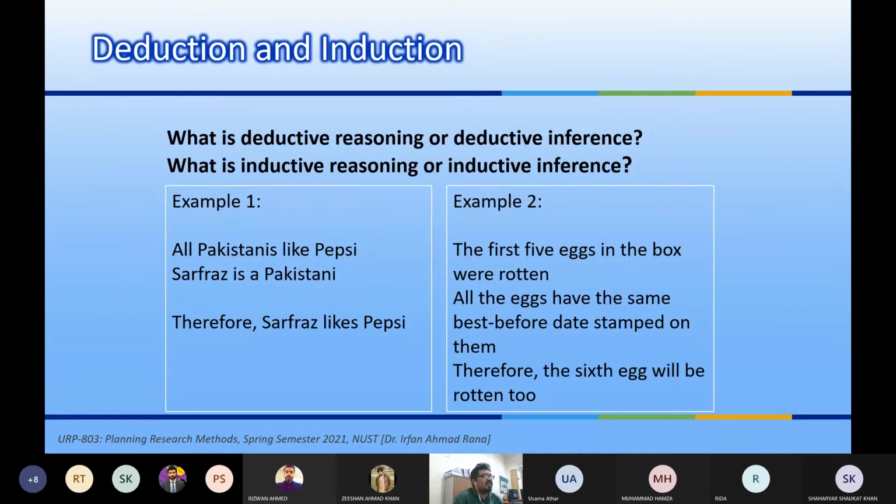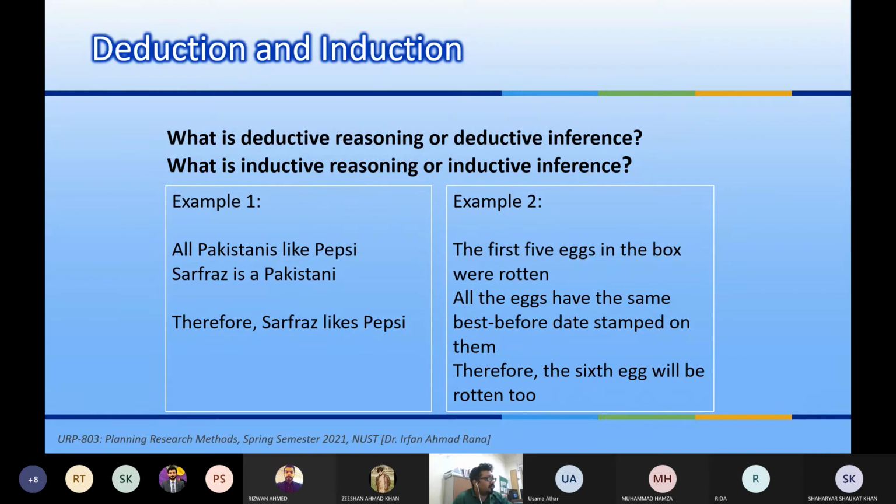Another example of deductive: based on reasoning, we can now make some kind of hypothesis or make some kind of inferences, and by inferences I mean you draw a conclusion based on findings, you make some kind of statement. That is drawing inferences.